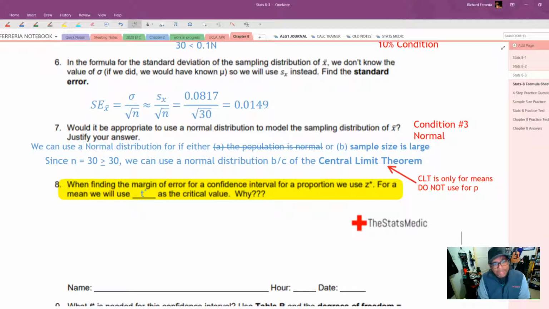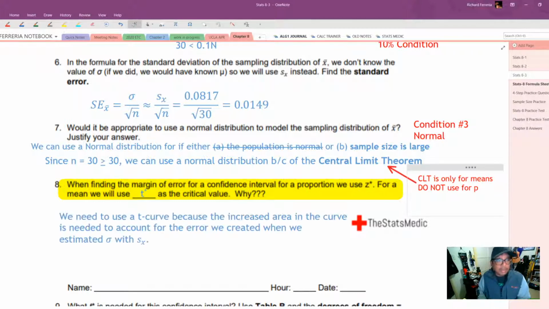So we need to use that t curve because the increased area in the curve is needed to account for the error created when we estimated sigma with Sx. Estimating p with p hat doesn't create as much error as estimating sigma with Sx.